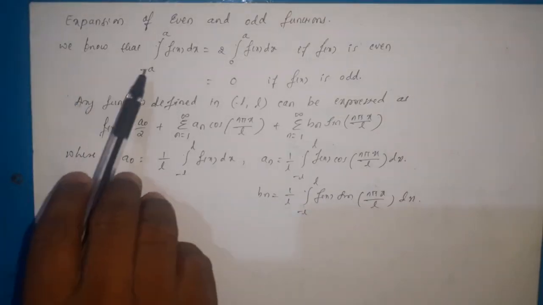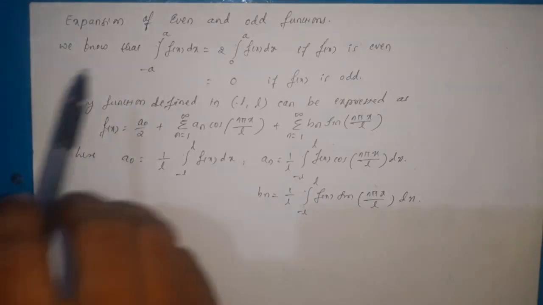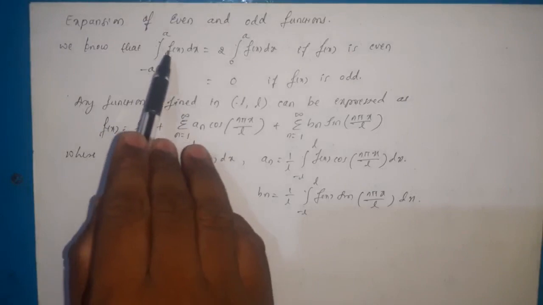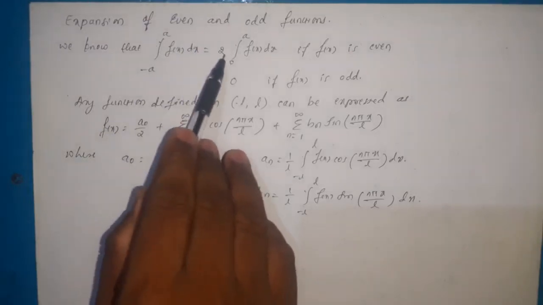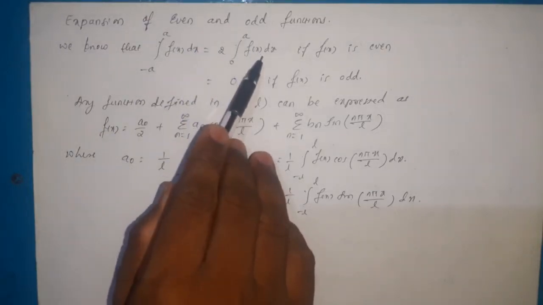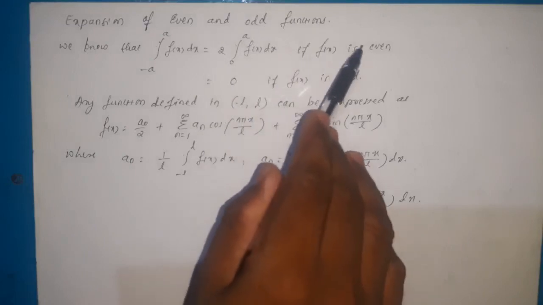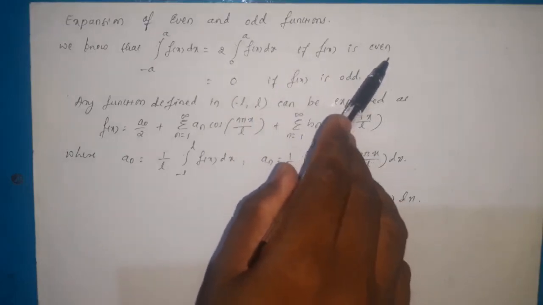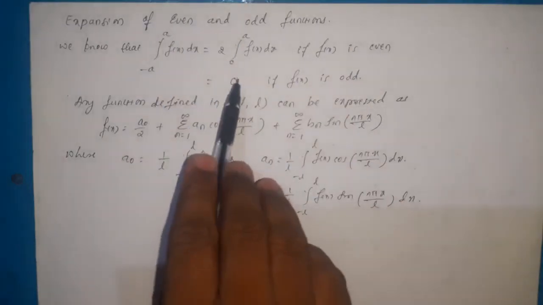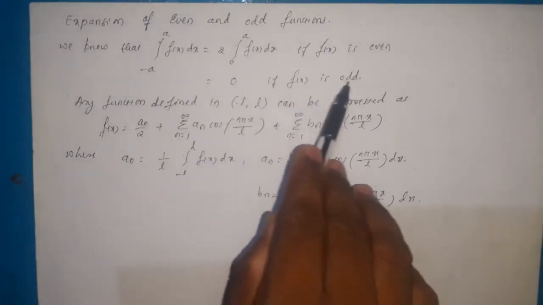So here by the property of definite integrals, integral from minus a to a of f of x dx is equal to 2 times the integral from 0 to a of f of x dx if the function is even, and it is equal to 0 if the function is odd.